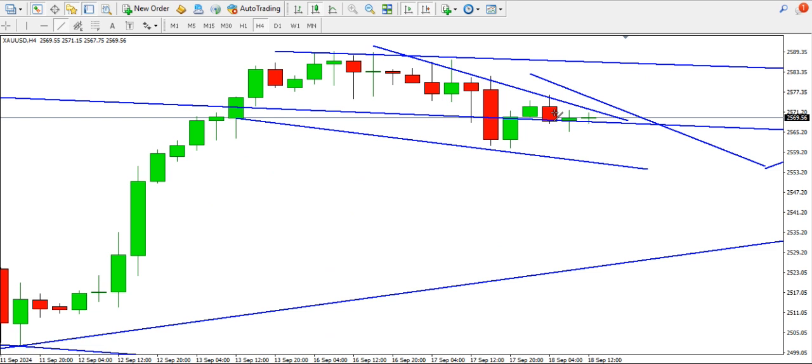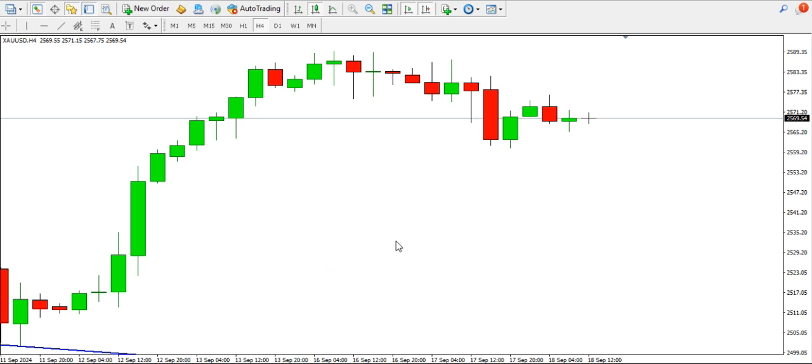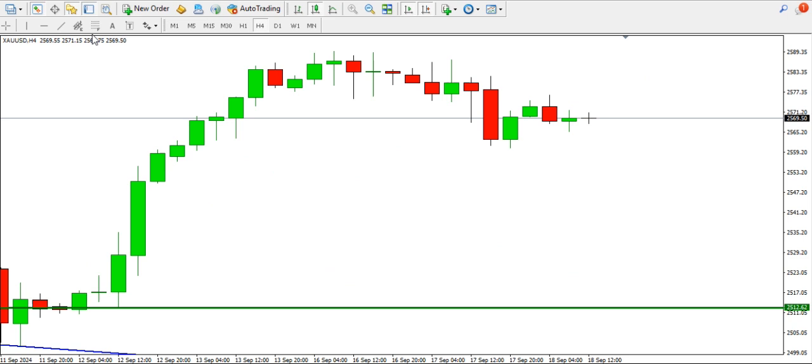But if this is not sustained, we might see the bears pushing price towards this depth for the bulls to step in and subsequently push price above. But that's that on the 4-hour time frame. We have this particular order block around here where buyers might be stationed in case the bears are able to push price down lower. Buyers station around here to capitalize and then push price back up.